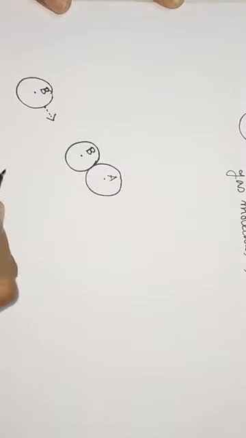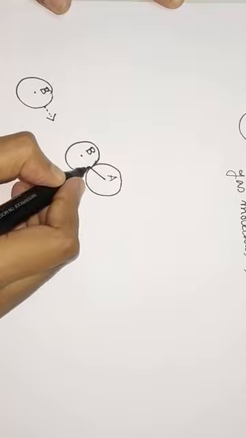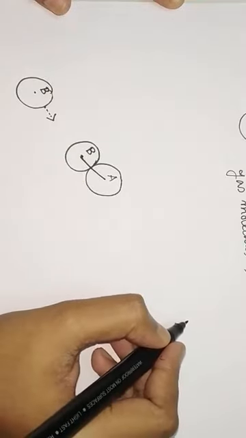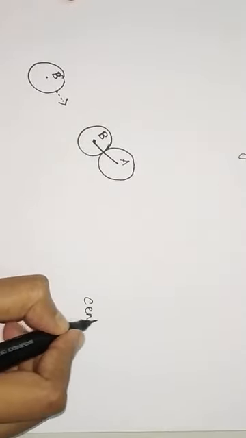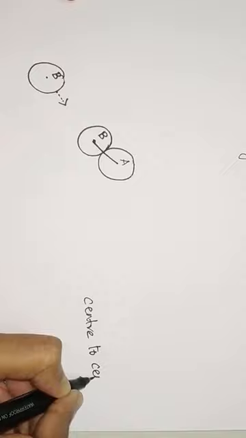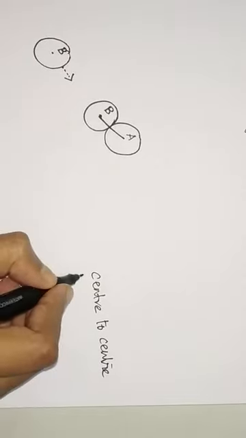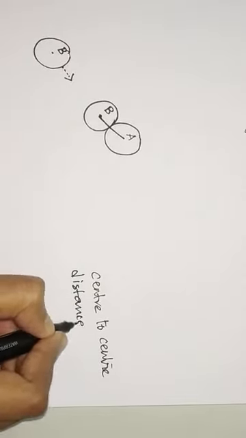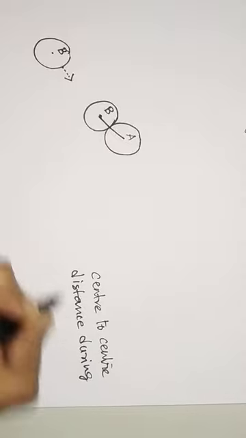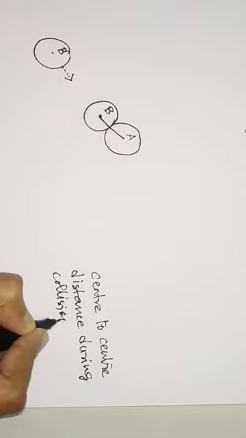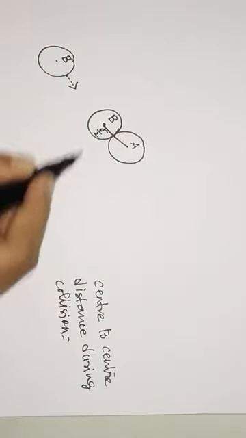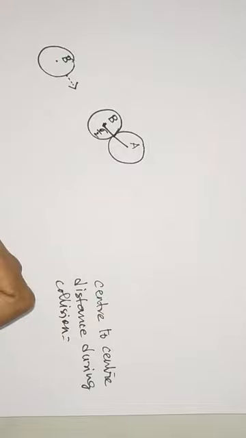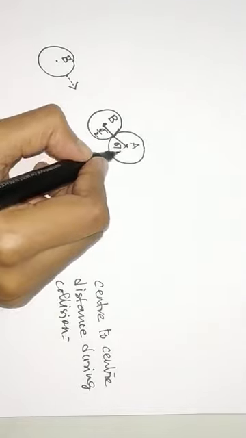At that moment, what will be their center to center distance during collision? You see, this much is the radius of molecule B, which is sigma by 2, and this much is the radius of molecule A, which is sigma by 2.